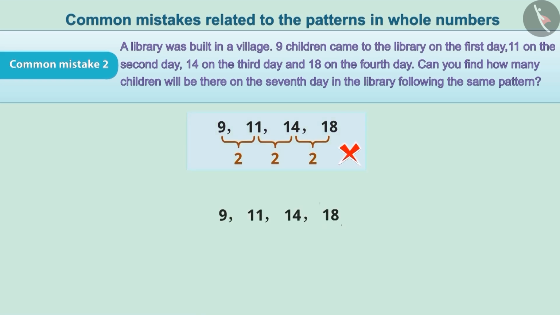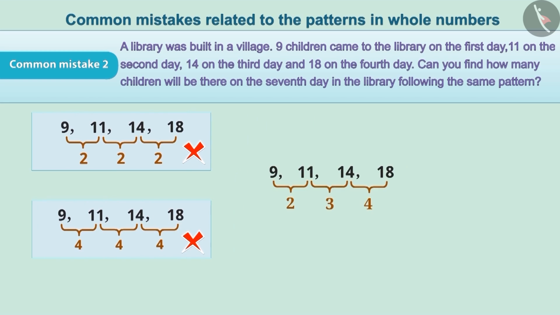Similarly, sometimes the difference between the last 2 numbers is found and it is considered same for the rest of the series. In some cases, the pattern is understood correctly, but difficulty is faced in finding the next term. It is important to understand the pattern to find the next term.